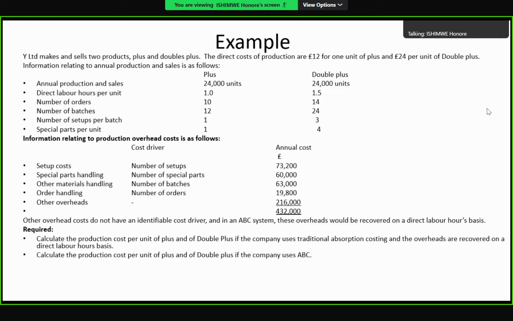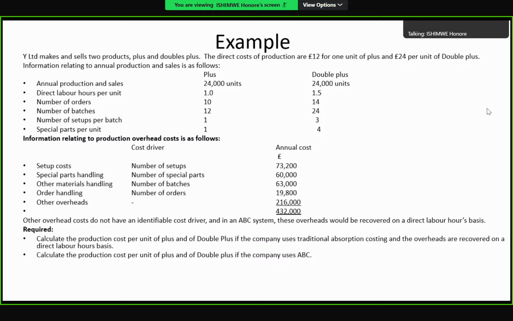But it is implied, generally known, that when they are silent and you are using traditional costing, you use labor hours, unless the question tells you the absorption or apportionment basis. If the examiner specifies a basis, that is what you should go on with. It depends on the policy of the company, but in general, we use labor hours. I hope this is clear.